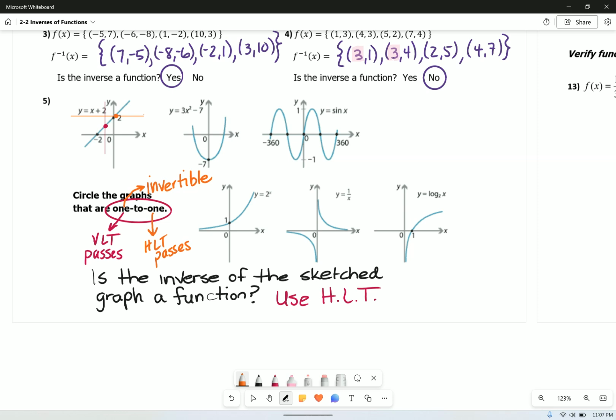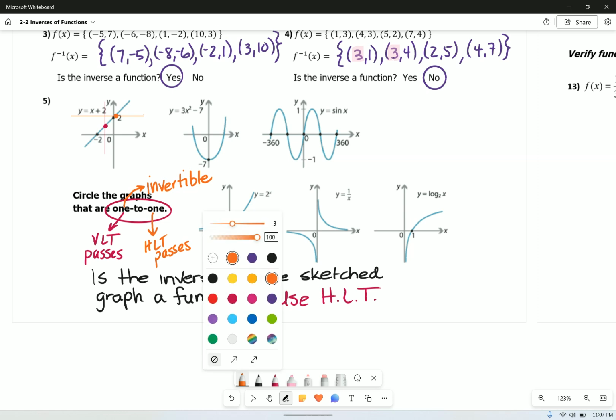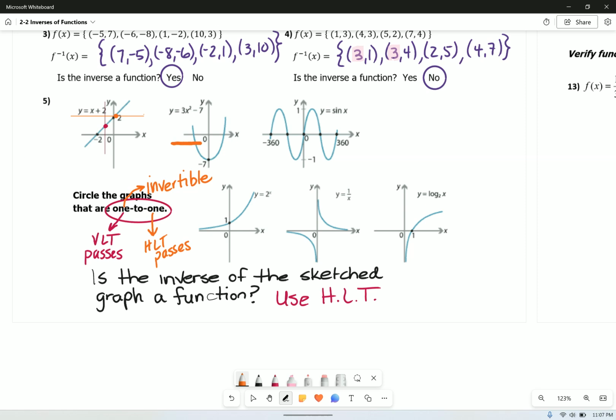So drawing a horizontal line on this one, let me make this a little bit thicker here. This graph here, it failed, right? So that one does not have an inverse that's a function. So this one is one-to-one. Let me circle the ones that it is. How about this one? This one fails to be one-to-one.